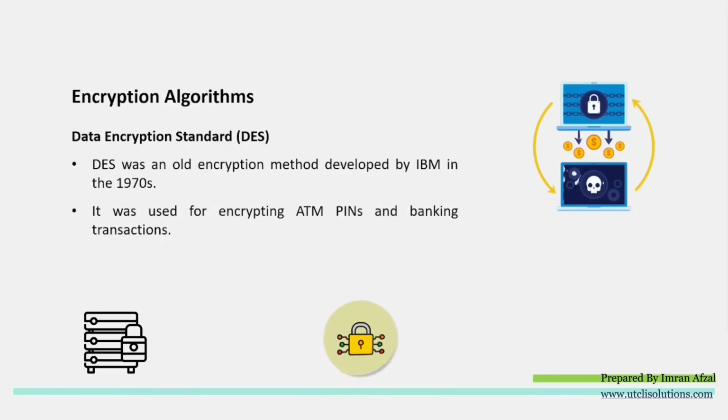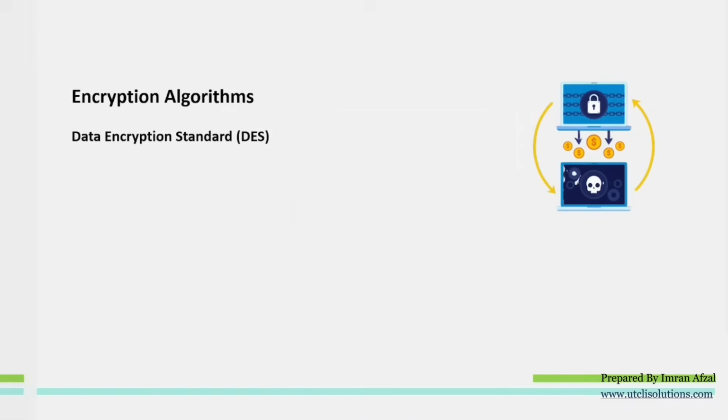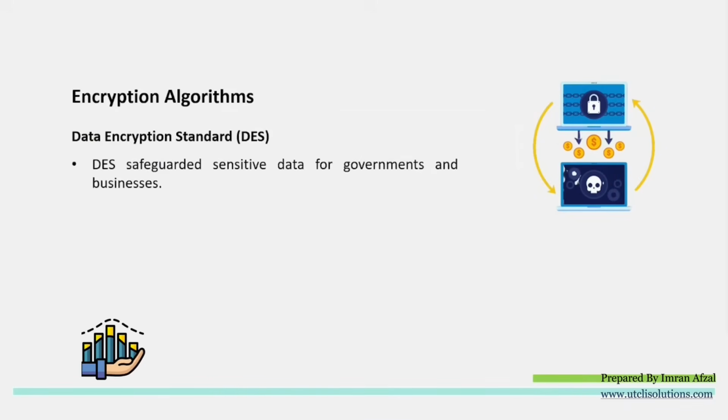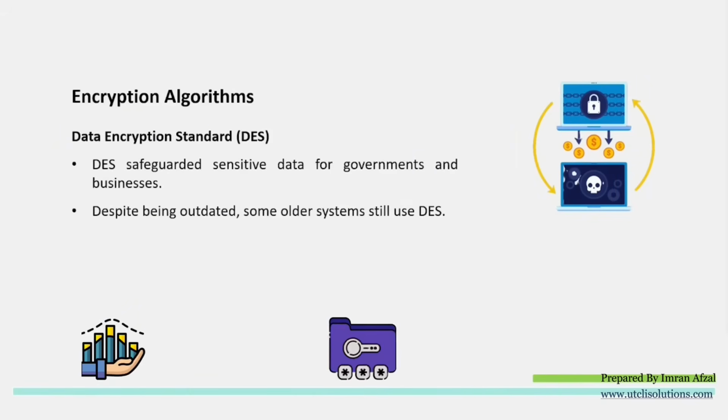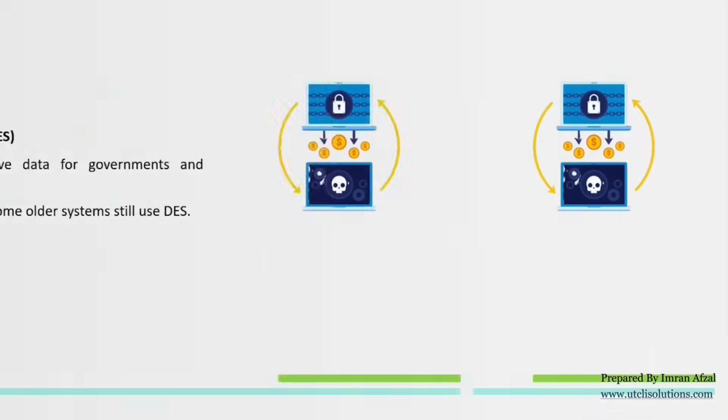DES was widely used in various real-world applications, such as encrypting ATM PINs and transactions in banking systems to protect against theft. It played a crucial role in safeguarding sensitive data for governments and businesses in secure communications. So, despite being largely replaced by more secure algorithms, some older systems and hardware still utilize DES.